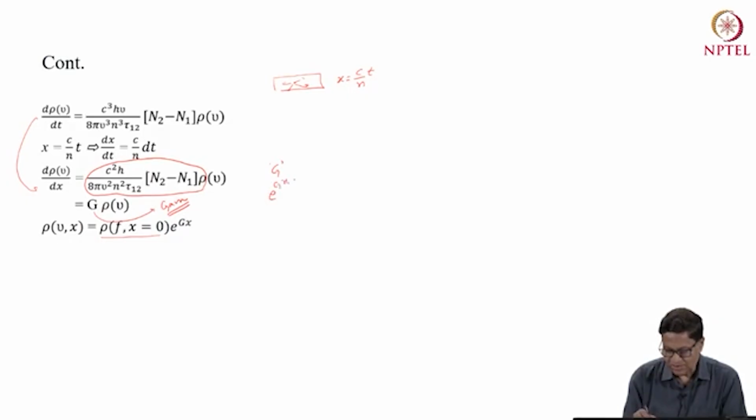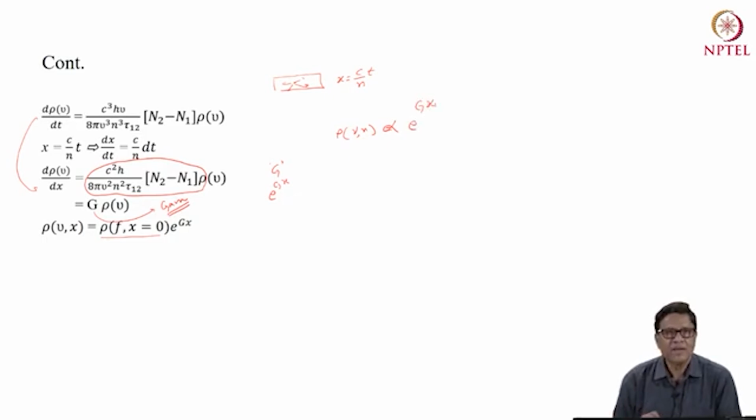So the power as a function of x is proportional to e raised to the power gx. It is growing very rapidly because the g function is in the exponential.